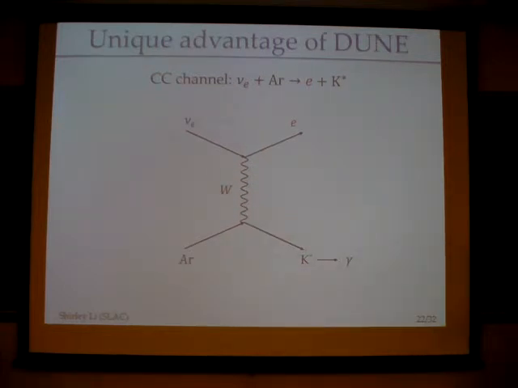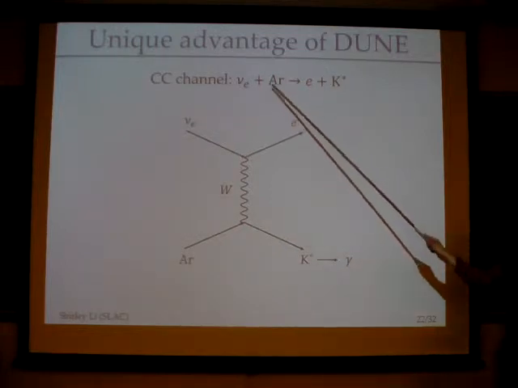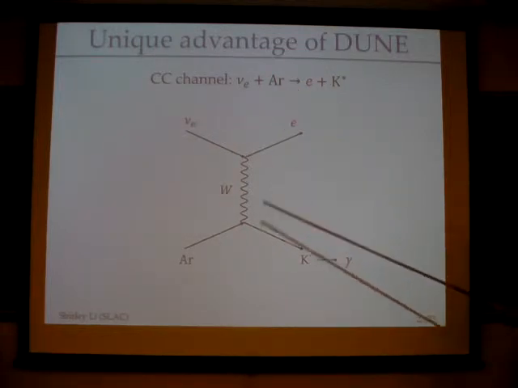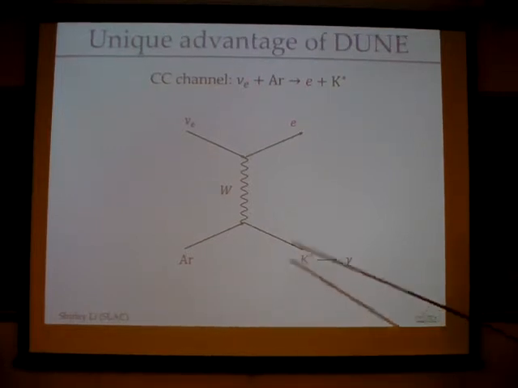Typically, this doesn't happen in most materials because for a normal nucleus, this interaction has quite a high threshold. What I mean by threshold is, say, a 20 MeV or 50 MeV threshold is quite common.